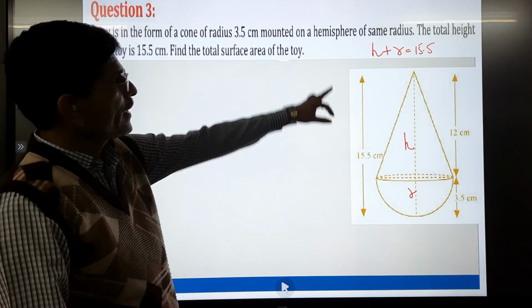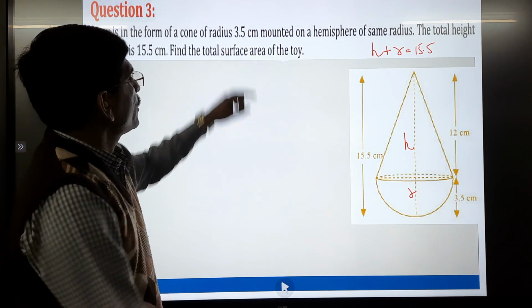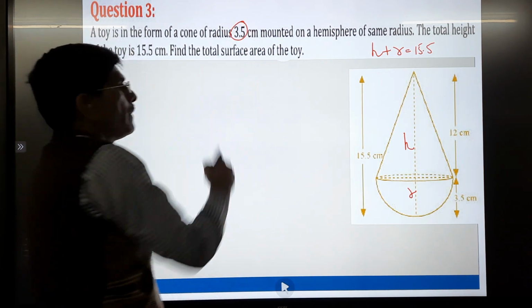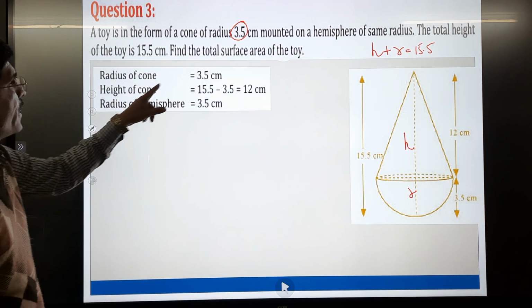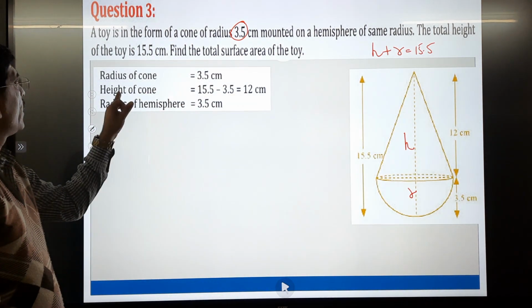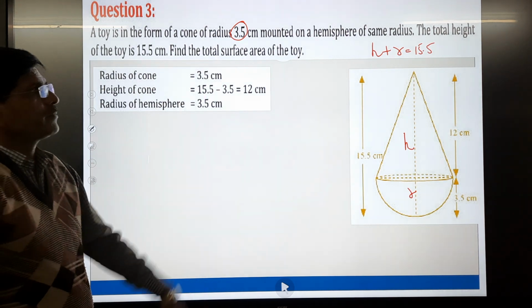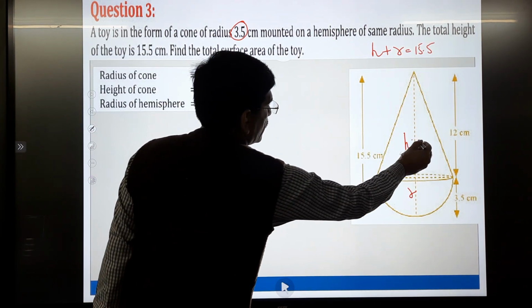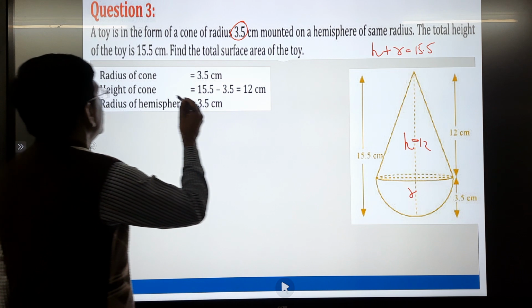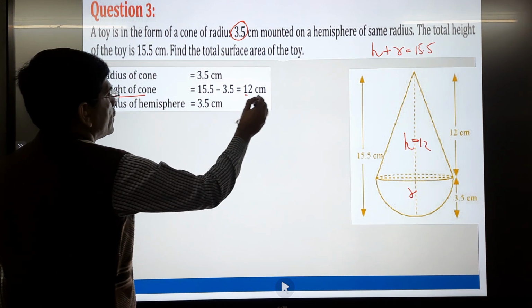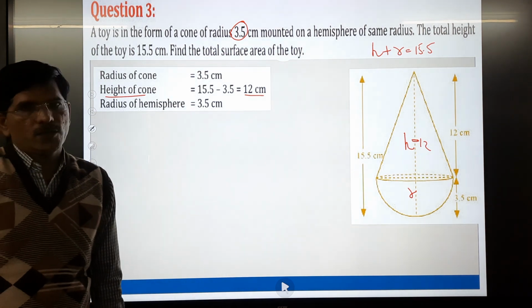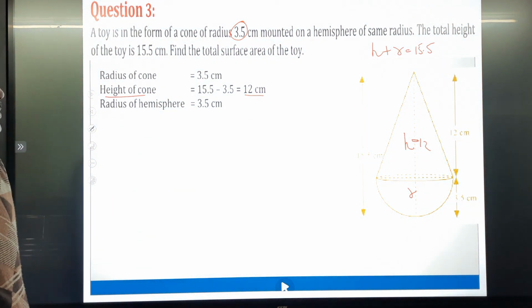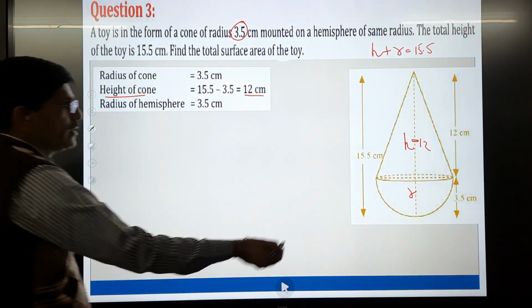Now to find the height, 3.5 should be subtracted. So how can we do it? Radius 3.5, height of cone is 15.5 minus 3.5, that is 12. Height of cone is 12. Radius of hemisphere is 3.5. Now which formula do we have to use?